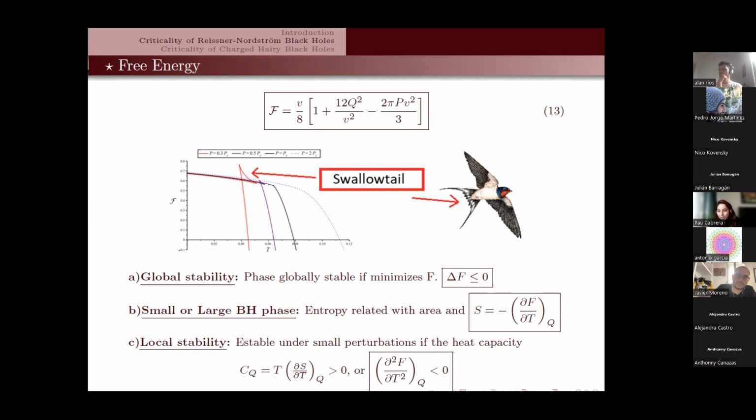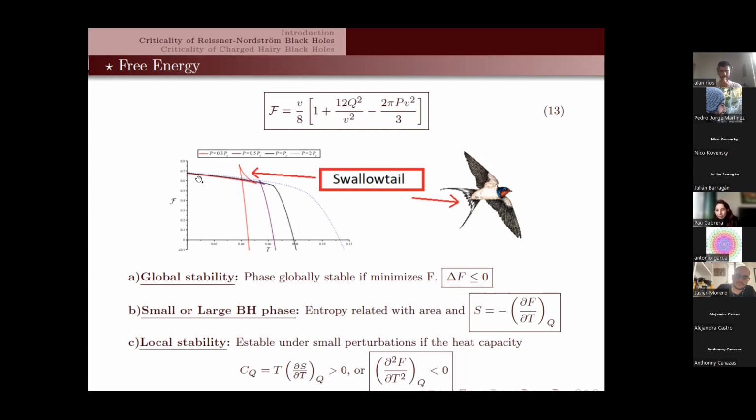You can also describe the different phases by looking at the slope. According to this relation, slope is related to the entropy, and the entropy with the area of the black hole. So the steeper the slope, the bigger the black hole it represents. So here, decreasing the temperature, there is a transition from large to small black holes.